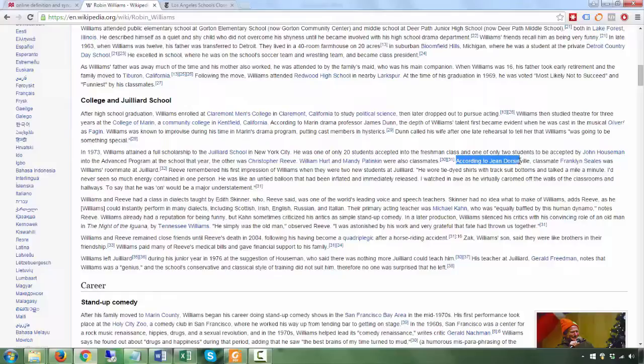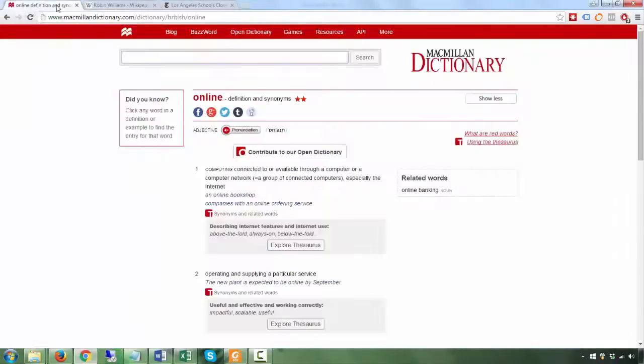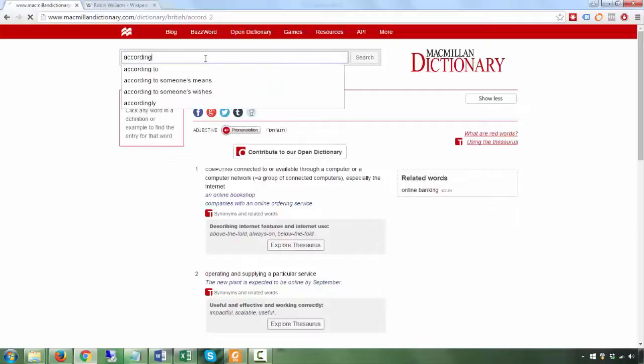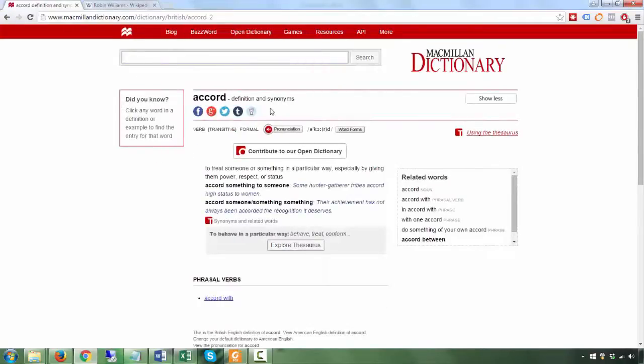Now let's look at this word, according. What is according?